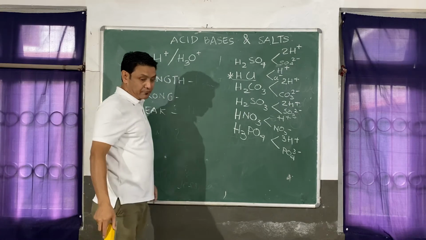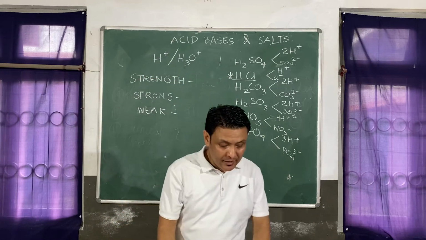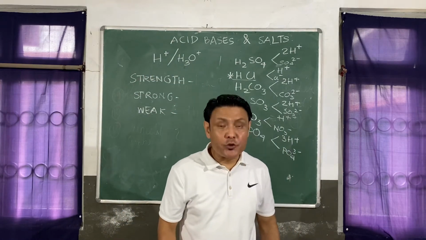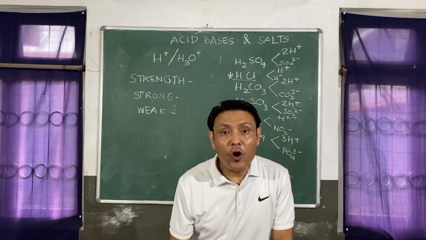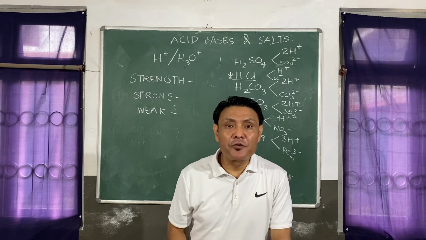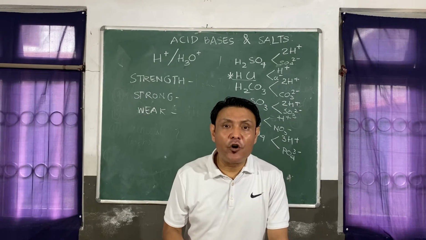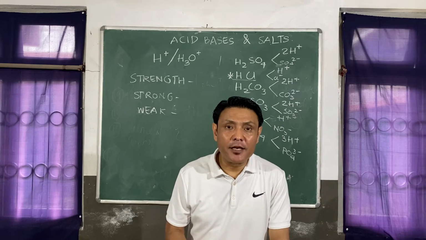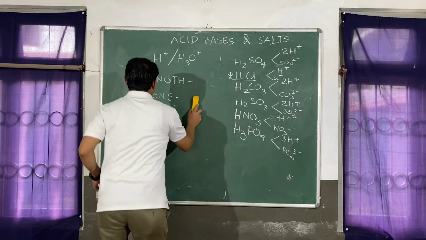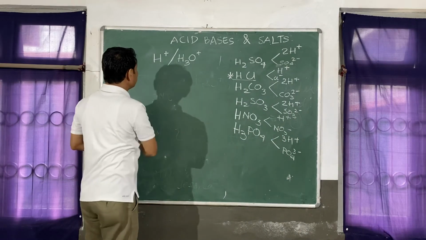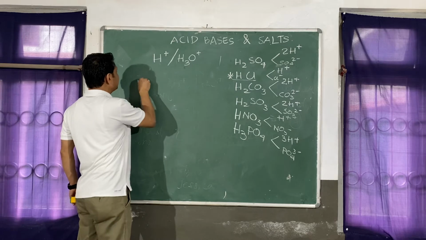So if an acid dissociates almost completely to produce high concentration of hydrogen or hydronium ions, we call it a strong acid. For example, let us talk about HCl, one of the strong acids.